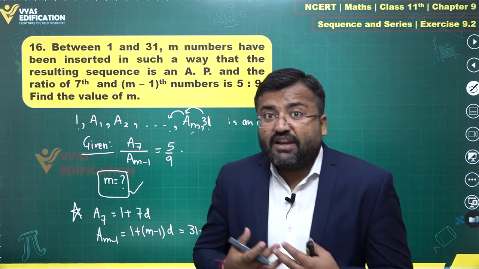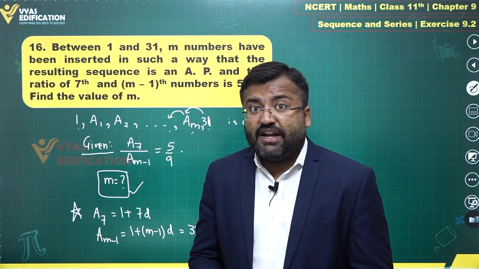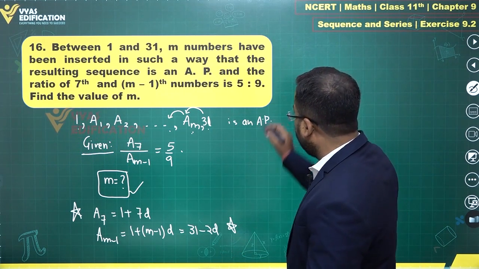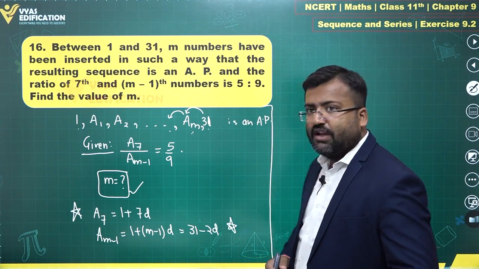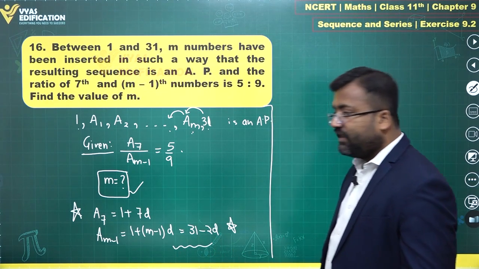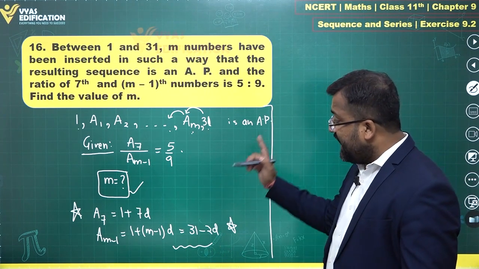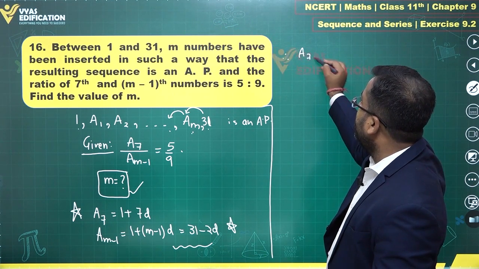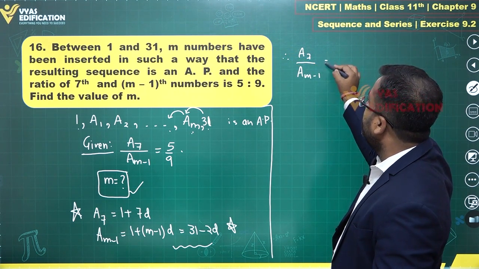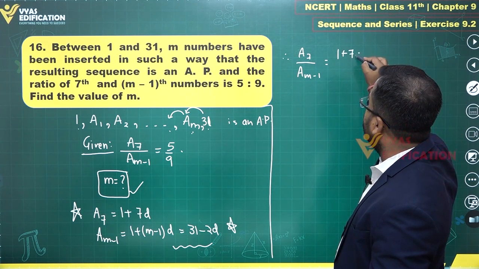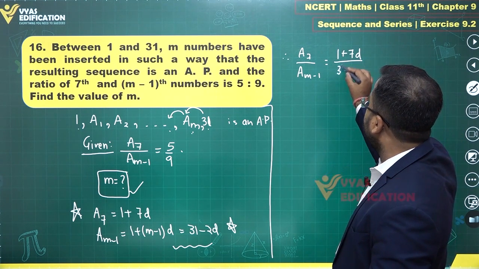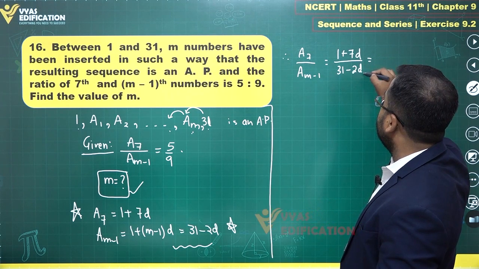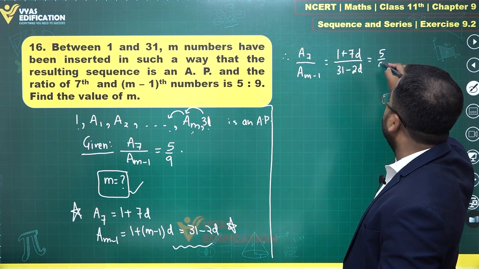We can solve by creating two equations in terms of m and d, but why not create a single equation in terms of d? Think in these terms, and if you can do that, then a7 upon a(m minus 1) will be (1 plus 7d) upon (31 minus 2d), which is equal to 5/9.